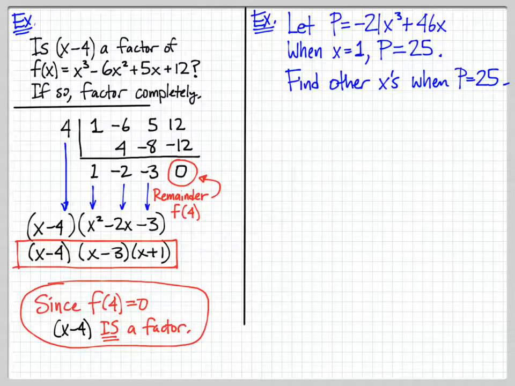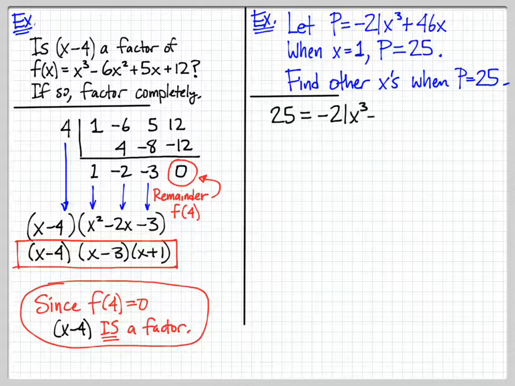So our last example, let's look at a case where we're given an equation. We're given some information that when x is equal to 1, p is equal to 25. And we can indeed plug that in and find that p is 25. But the problem goes on and says, find other x's when p is 25.